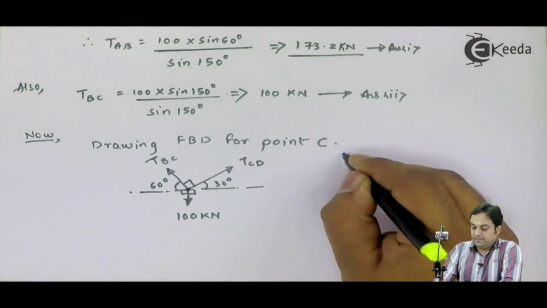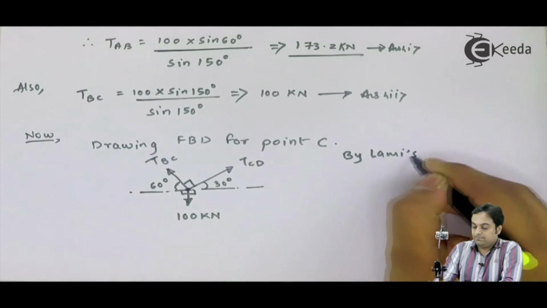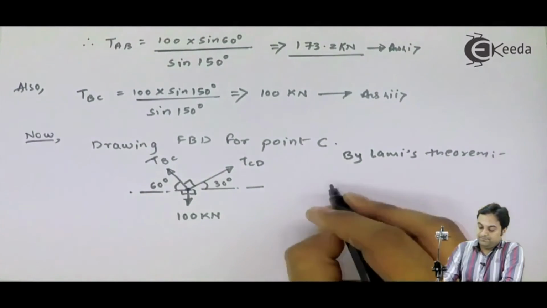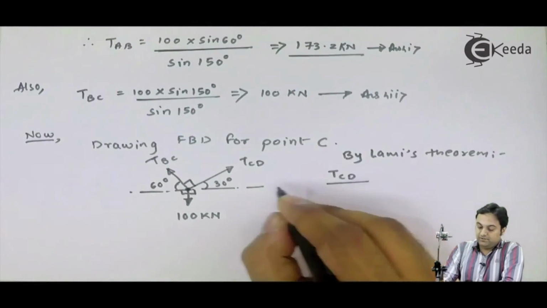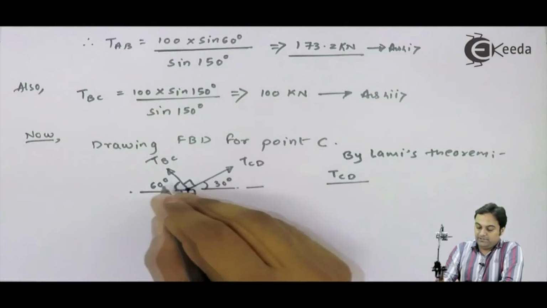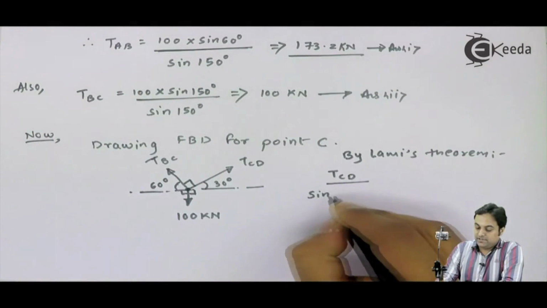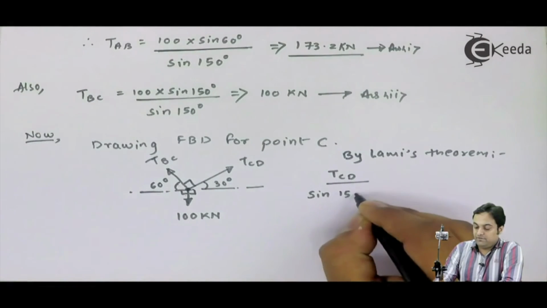So I can easily apply Lami's theorem. By Lami's theorem, I will say that TCD, because I just want TCD now, TCD upon sine of the angle between TBC and 100, so it is sine 60 plus 90, that gives me 150 degree.